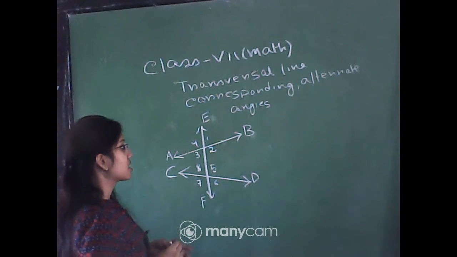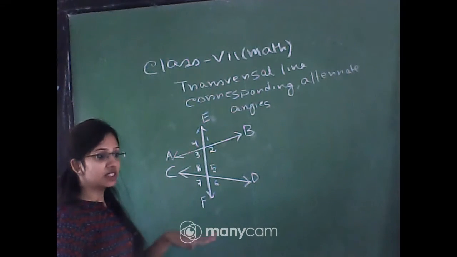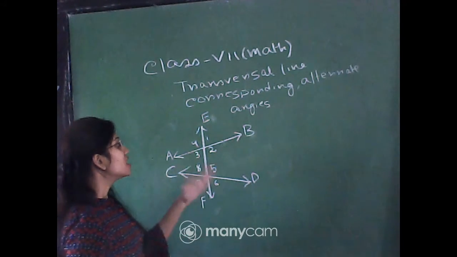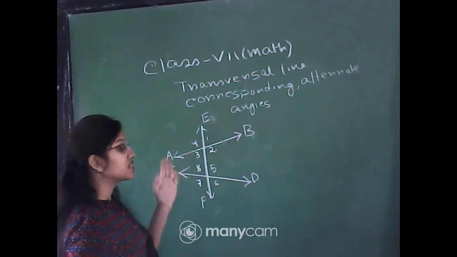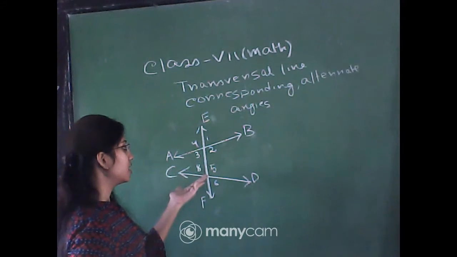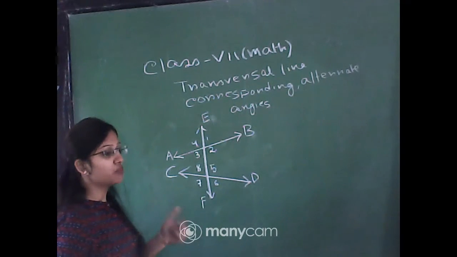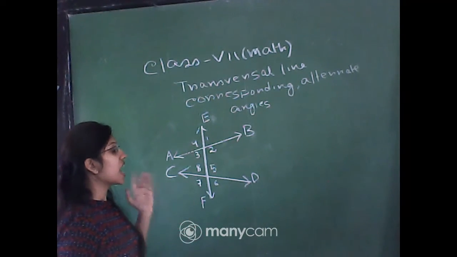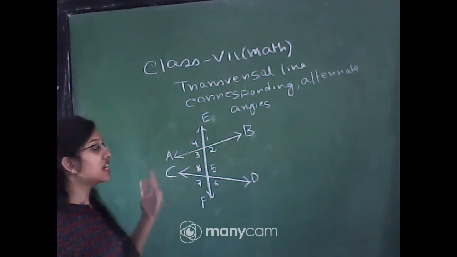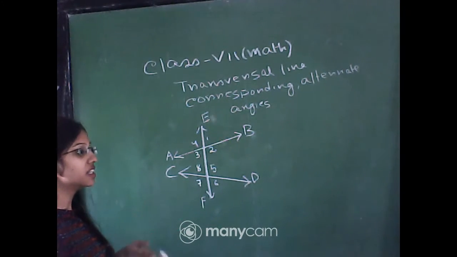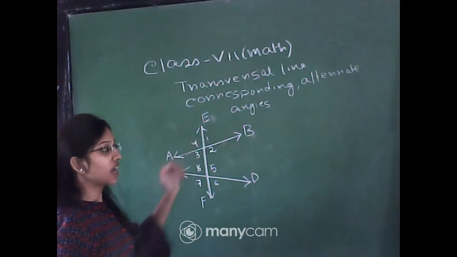Corresponding angles have different vertices. They are on the same side of the transversal line and they are in the corresponding position, that is above or below, left or right relative to the two lines.